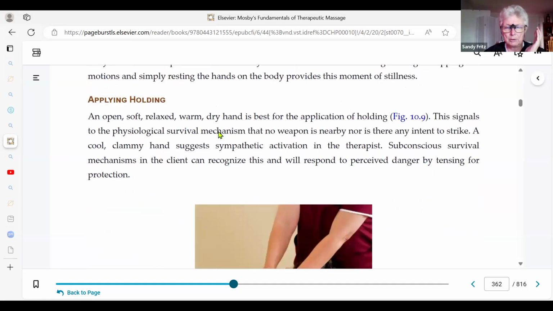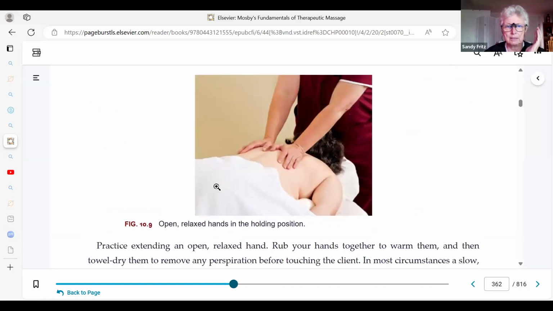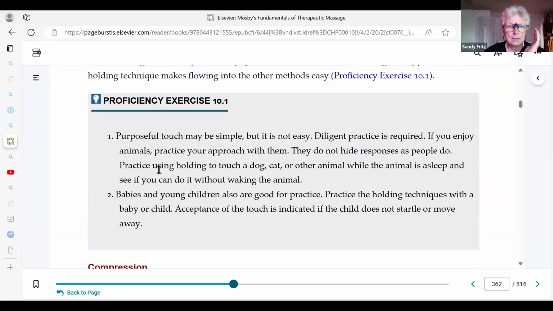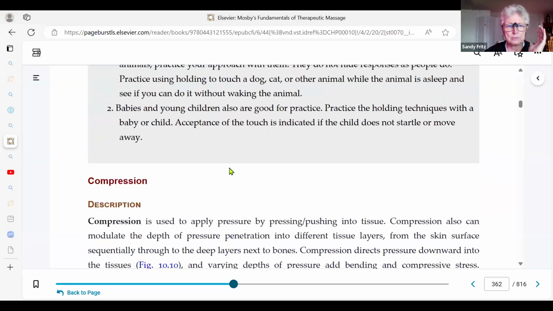And then how you apply, and then a nice little picture. So practice, the proficiency exercises always gives you a reinforcing practice suggestion. So, follow along with those.